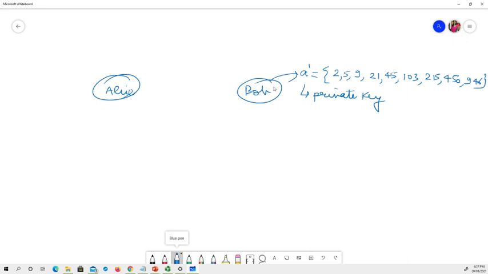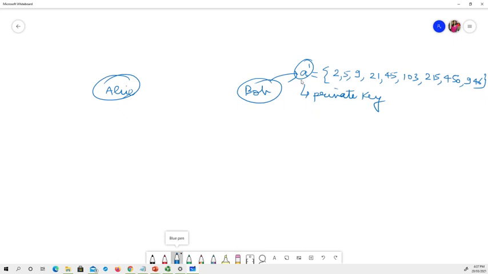Bob generates a super increasing sequence of numbers which is known only to Bob. But if Bob sends this super increasing sequence, Oscar would be able to get the plain text, because he has a prime and can do the summation of xi's and ai's. So that was not a feasible approach.